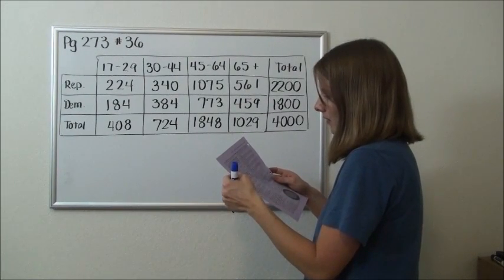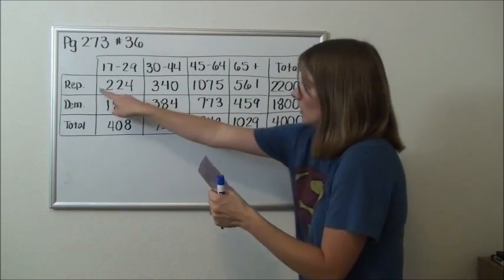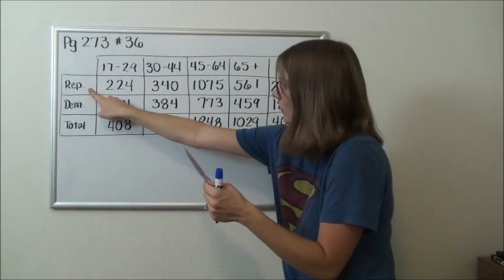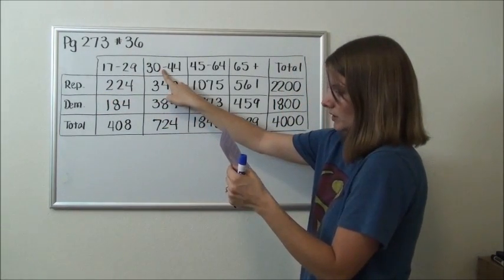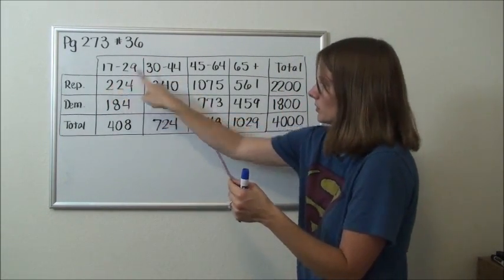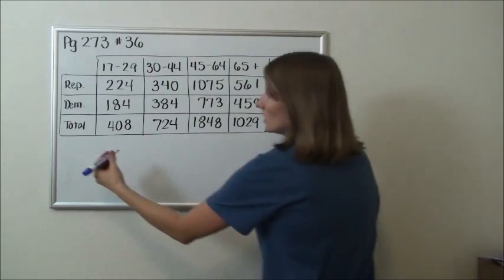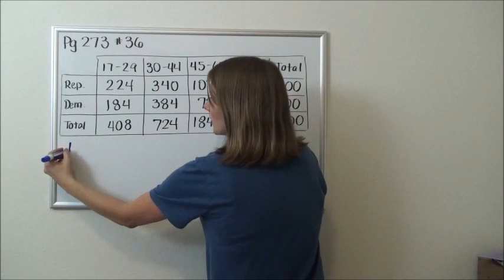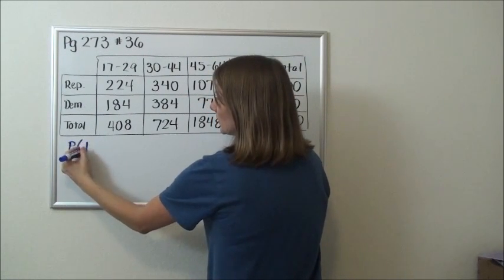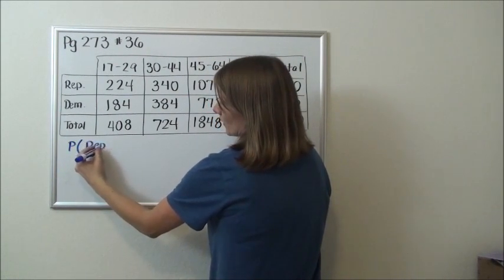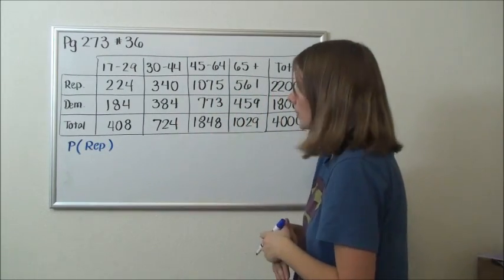So let's see, where are we eventually going to be going? In part A, they're referring to Republicans, which is this row, and they're referring to ages 30 through 44, which is this column. So I just want to look at those two places to say, for instance, what's the probability that someone's Republican? Let's just start there.